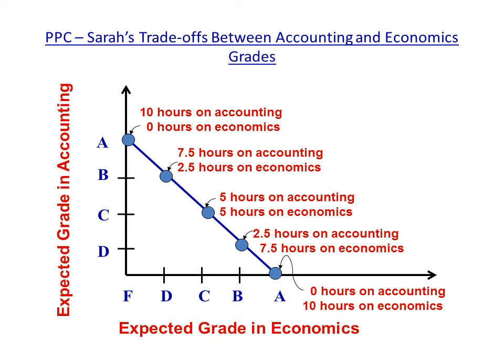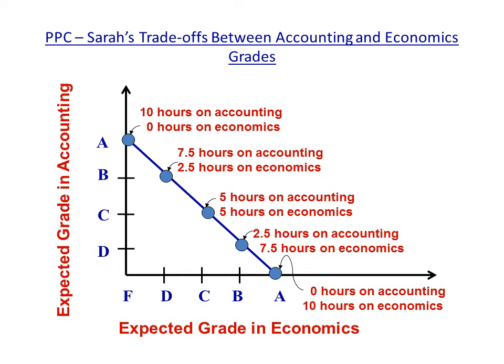Without any other further information, what point on this curve would be allocatively efficient? So anywhere along the curve is a possibility of outcomes. But which point would be the proper mix? Well, without knowing her major, or maybe if one of these classes was an elective, or she's already set to graduate and she's going to be an accountant, so maybe she was studying for her CPA.